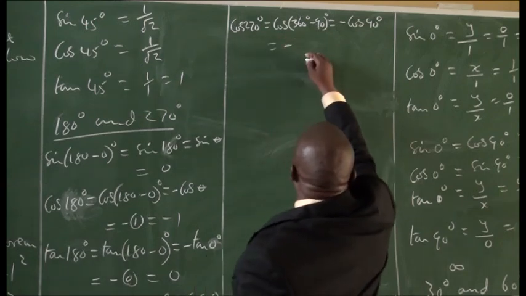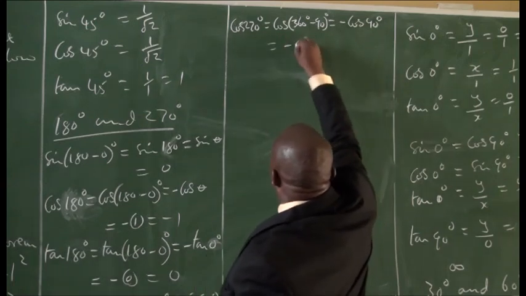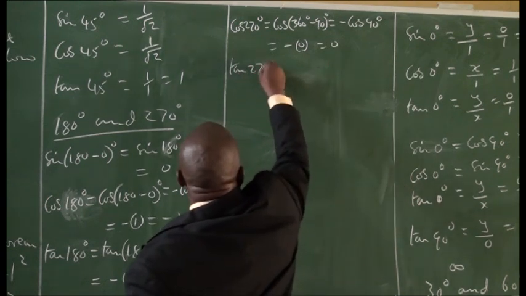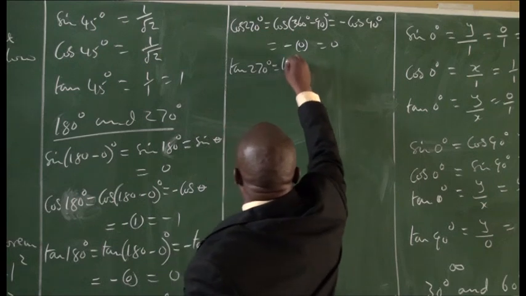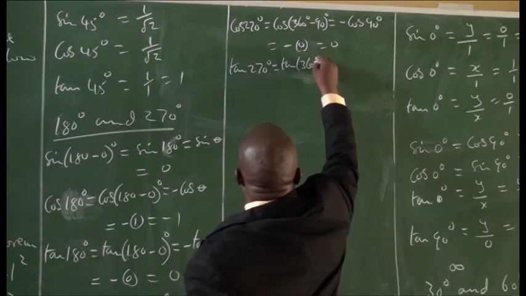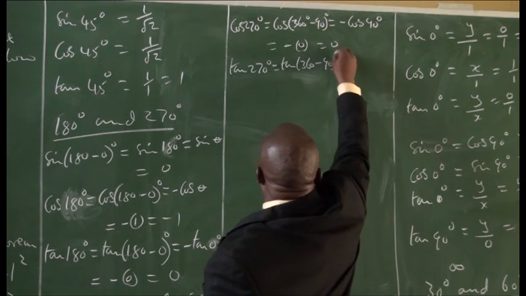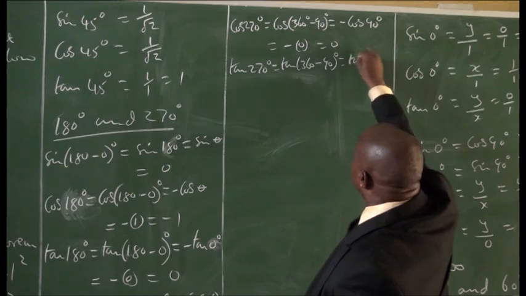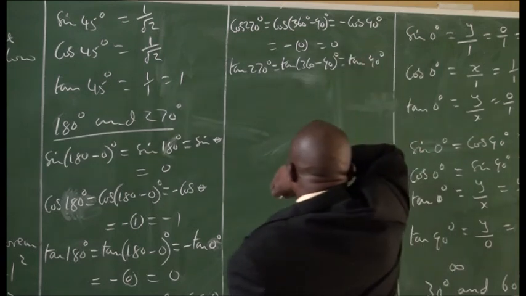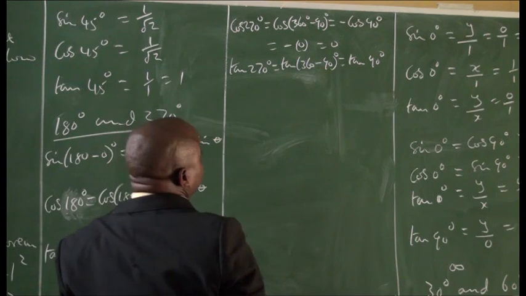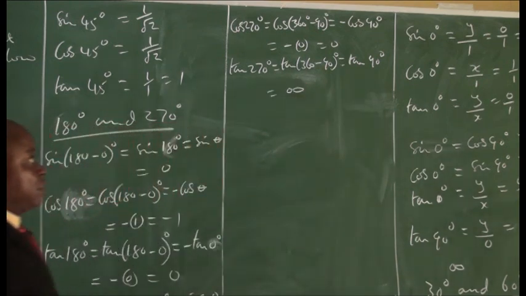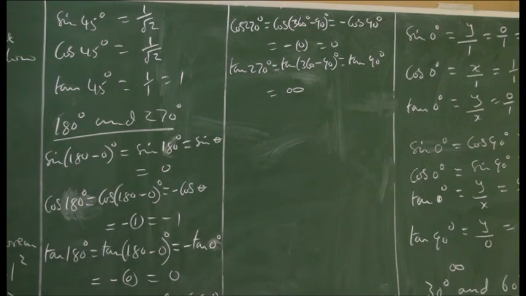Cos 90 degrees is 0, so that is 0. Now tan 270 degrees is equal to tan of 360 minus 90 degrees, and that gives me tan 90 degrees. At that point, tan 90 degrees is not defined, so it's undefined. All right, so we will collect all these results and put them on a table.